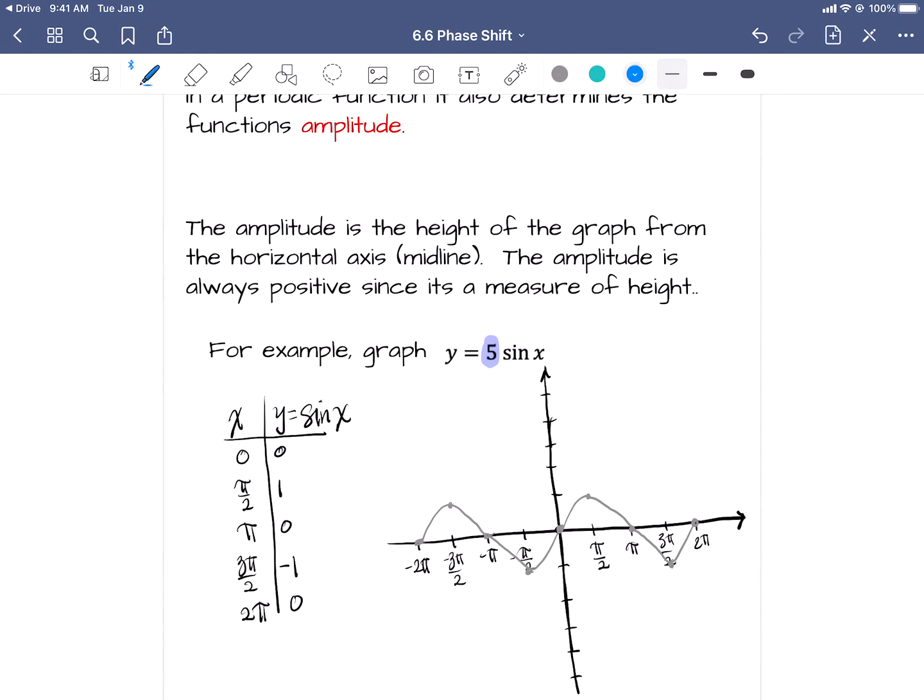So now to apply this transformation, I'm going to multiply all the y's by 5. So you go way up here, you stay there, you go down here, right? This is -5, this is 5. And then this guy comes here, and here.